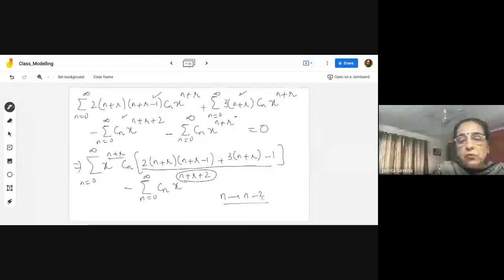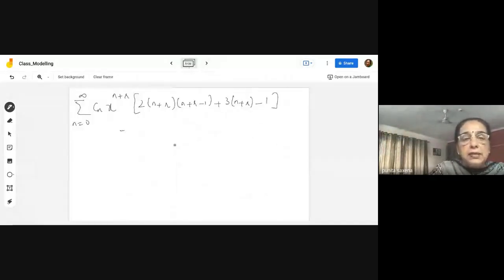When you change n to n minus 2, you increase your starting point. So it becomes minus summation n from 2 to infinity, and it will be simply c_(n minus 2) x to the power n plus r equal to 0.